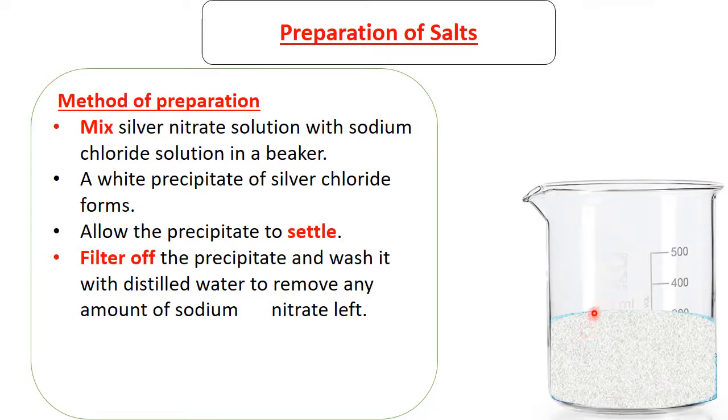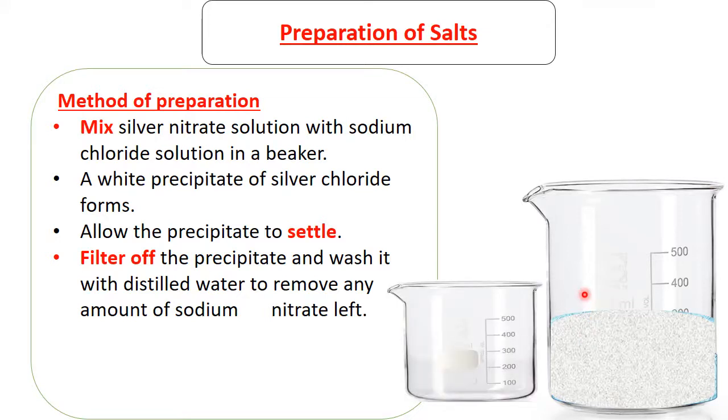When you get your filter paper, of course we're going to have this beaker, and we're going to have this sodium nitrate which we don't want. You put the filter paper here, then you pour the mixture here. The sodium nitrate is going to pass through, and the salt that we have prepared, the silver chloride, is going to be here.